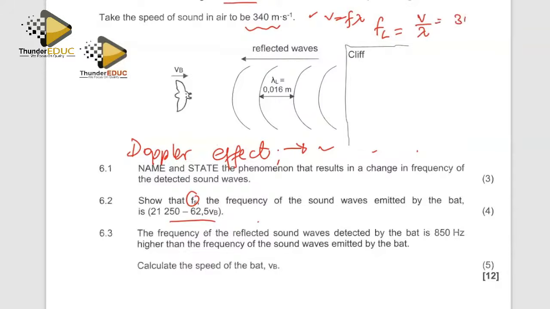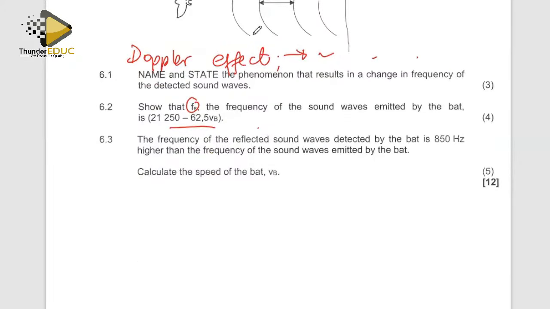We know that our v is 340, and our lambda that we're given was 0,016. If you divide that, that is number 1. Now, if this is true, we can go to the Doppler formula and substitute.